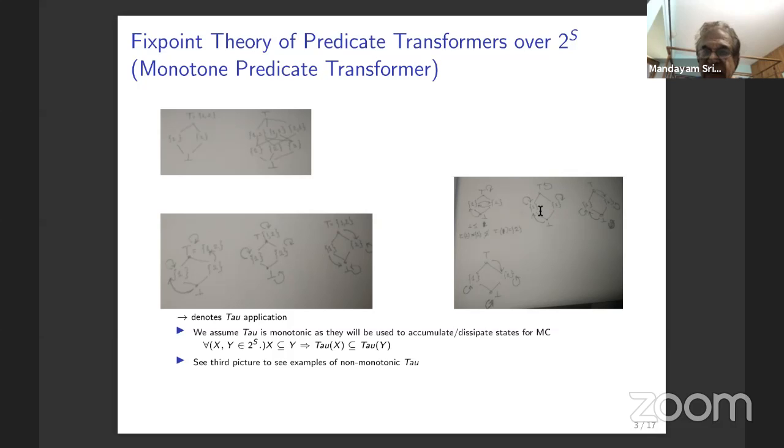Can anyone tell me why the tau for the second one, where I have the cursor, is not monotonic? The first one is very clear.